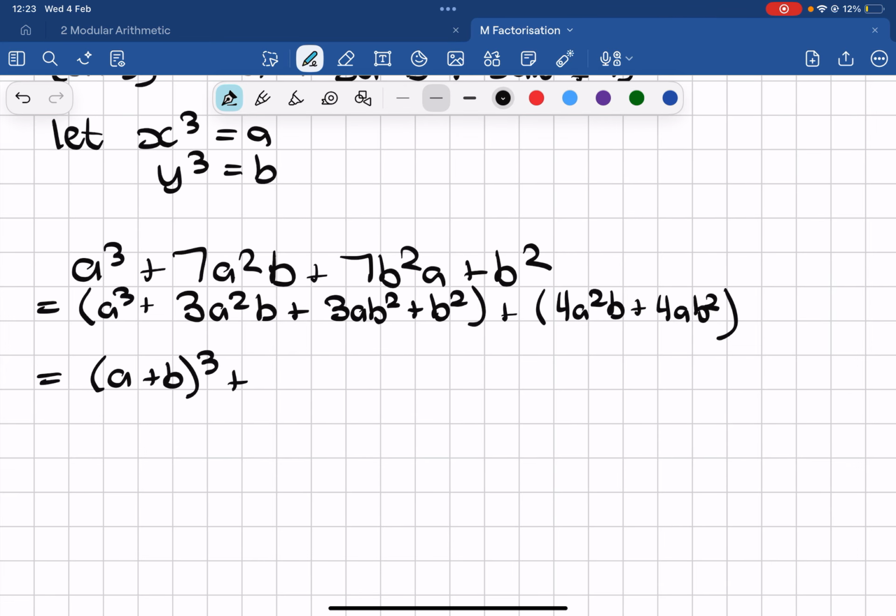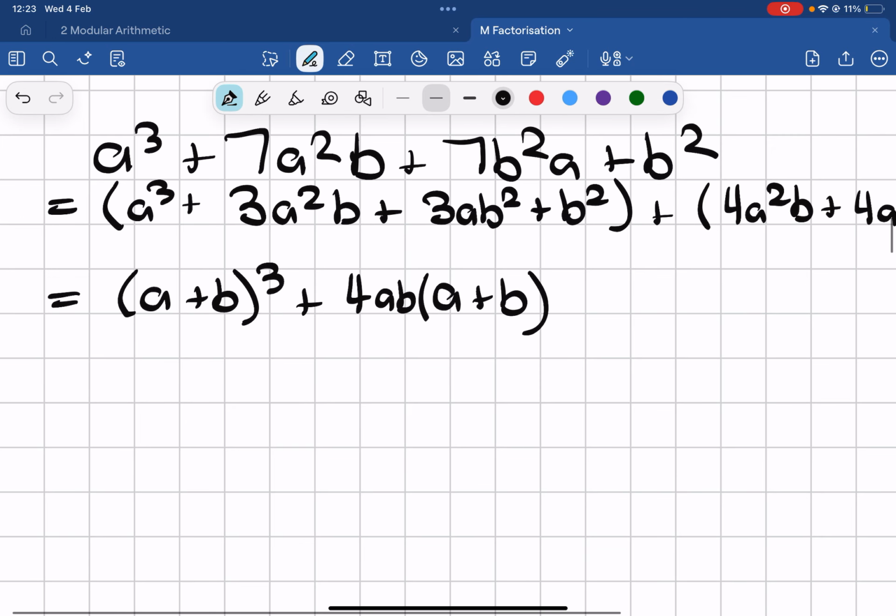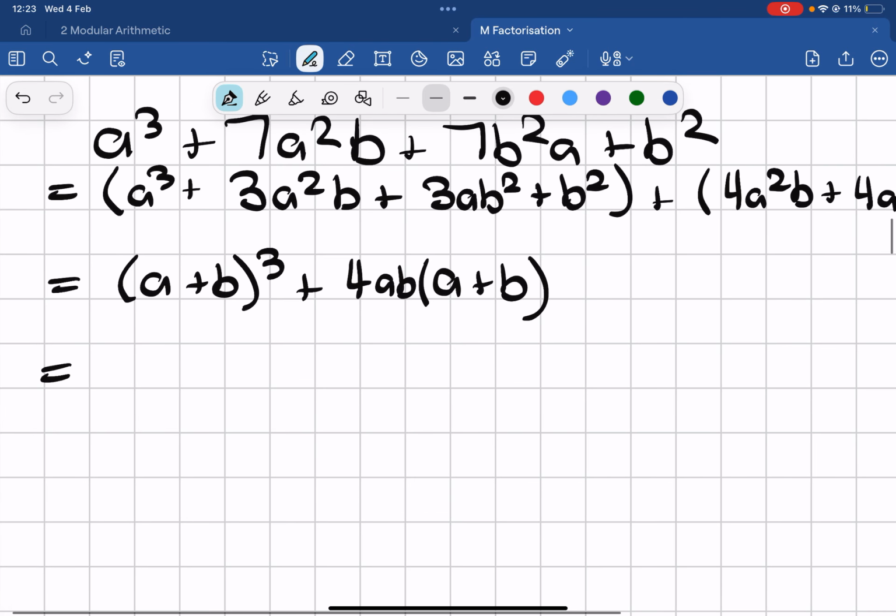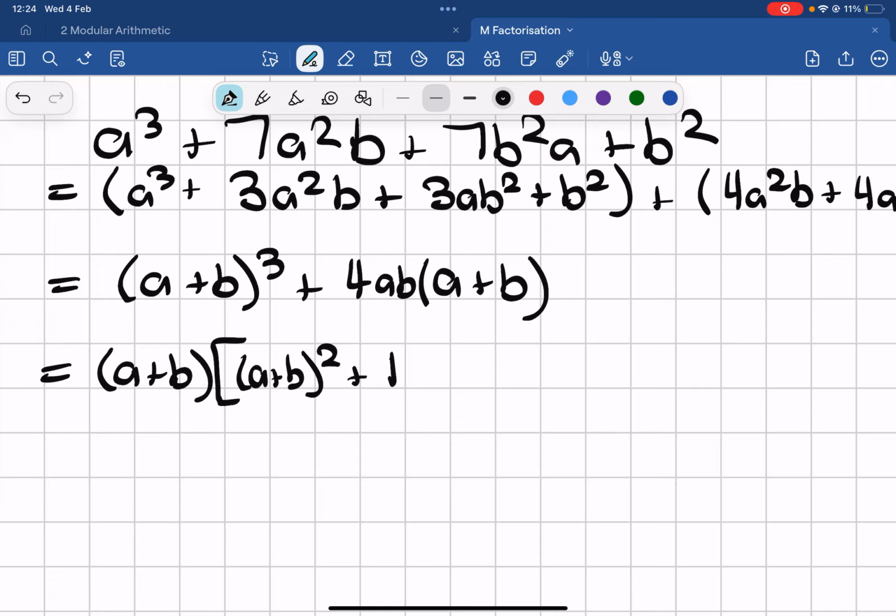and the second bracket, well, we can factorize out 4ab, and then we're left with, on the inside, a plus b. We can further factorize out a plus b from both our terms. We have (a plus b) times [(a plus b) squared plus 4ab].